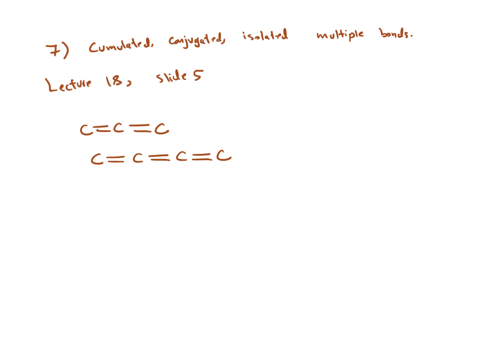But specifically for cumulated, we cannot have triple bonds. Can you see why? Because if I have 3 bonds here and double bonds here, in that case, they cannot be next to each other because carbon would have 5 bonds, which is not correct. So that's why for cumulated, we only have double bonds. Okay, so we call that cumulated.